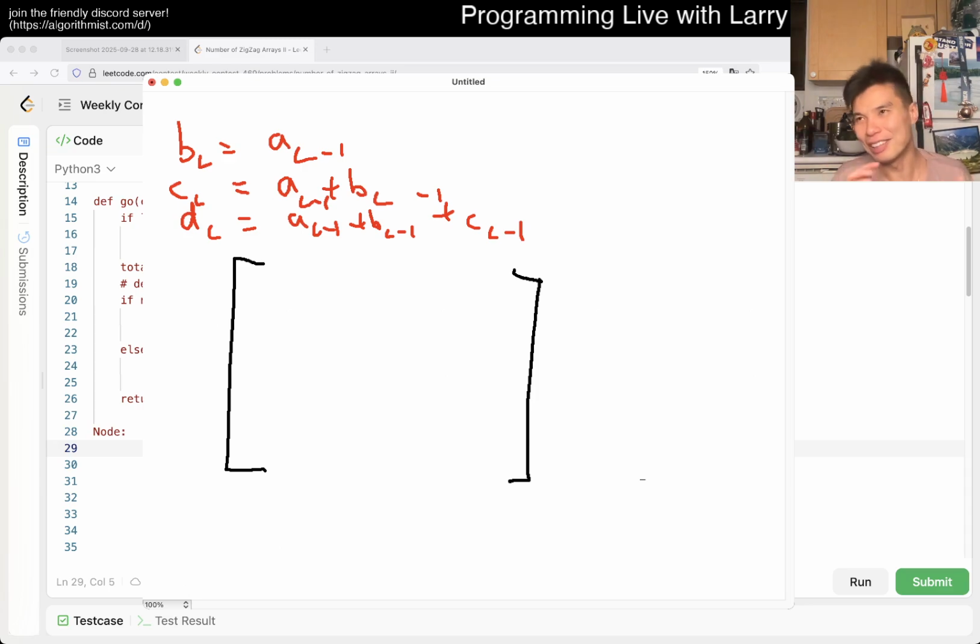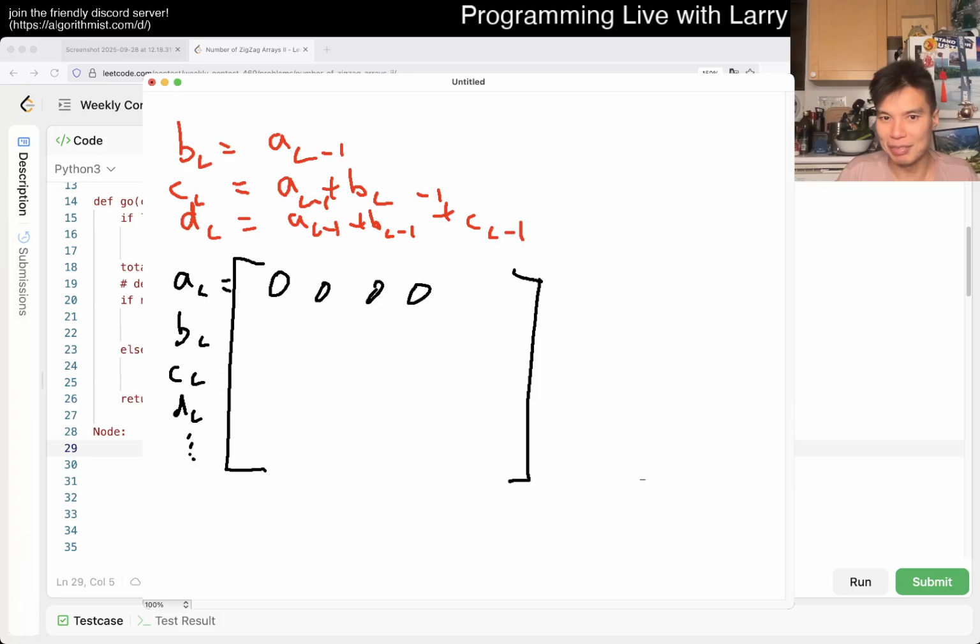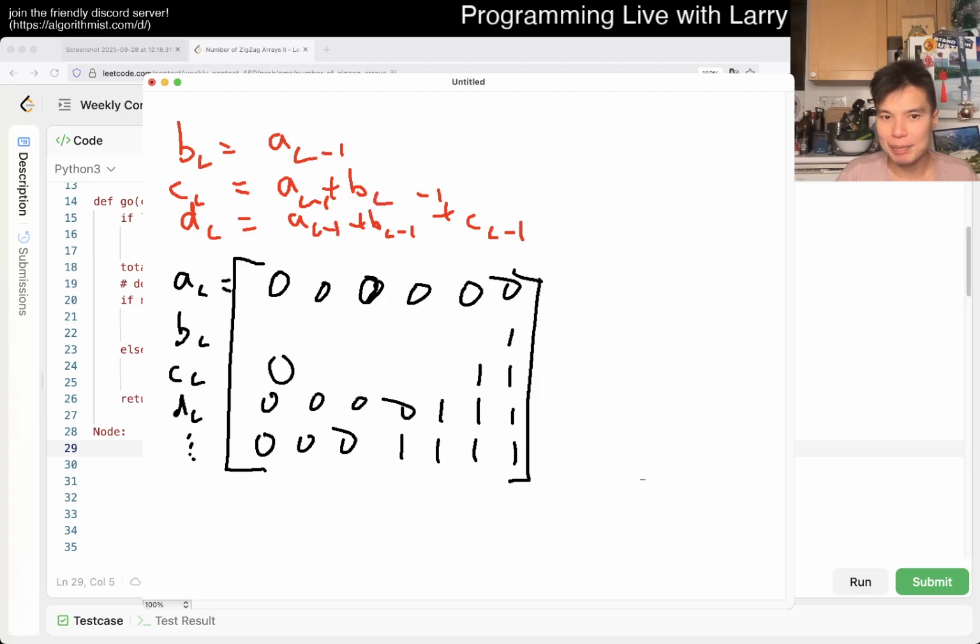Because I have the increasing version in my head. So now you're saying A sub L, B sub L, C sub L, D sub L is equal to, well, A sub L is just equal to 0, I suppose, if you want to put it that way. But then B sub L is equal to 1 times A sub L minus 1, and C is this. So you have this matrix, right?